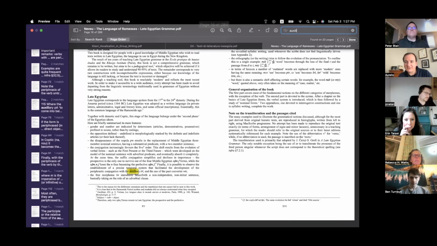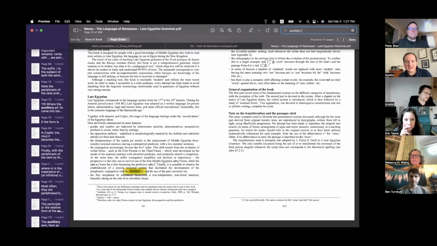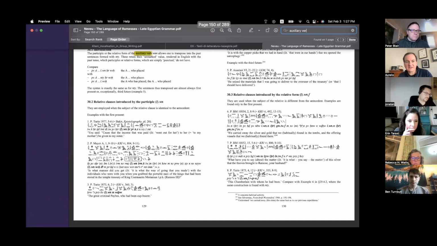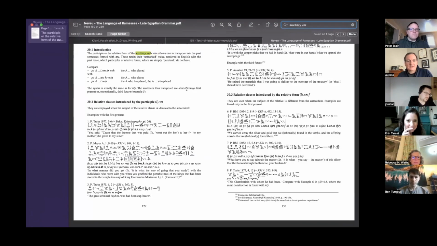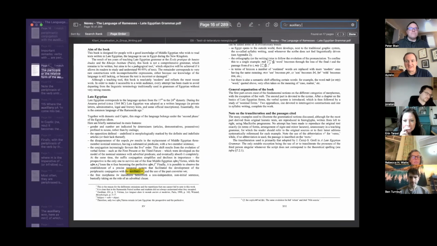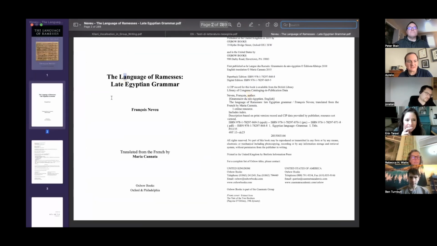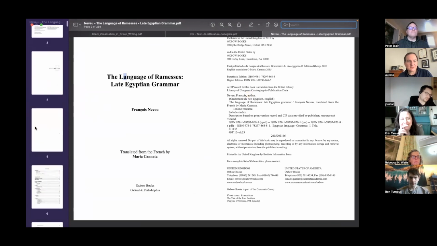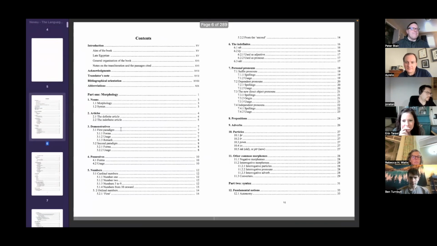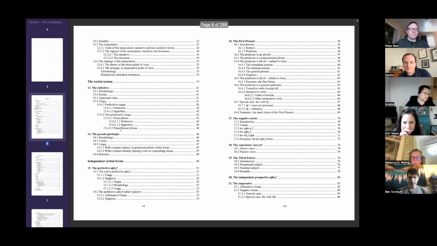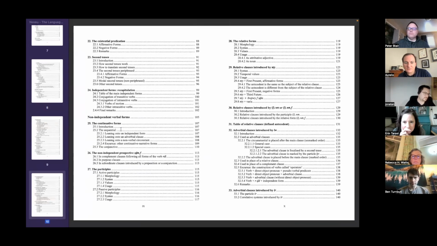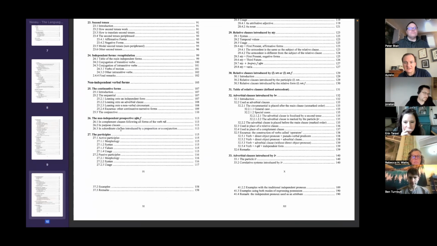Okay, we don't see auxiliary verbs. He only mentions when. And if I look for aha, there's going to be a million things that come up. Continuative, second tenses.